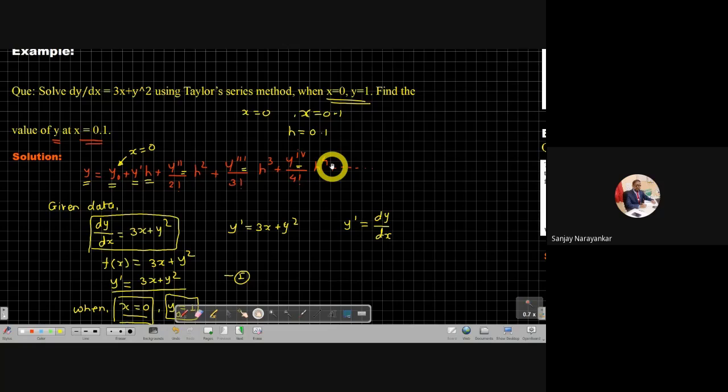If the equation is very simple, we can find higher order derivatives also, but if it is complicated, then it becomes very difficult for anyone to find higher order derivatives. So we got y dash, y double dash, y triple dash, y raised to 4. And also we got h value, right? So let us substitute all these values in this series and let us find y at x is equal to 0.1. Since it's a one-step method only, right?